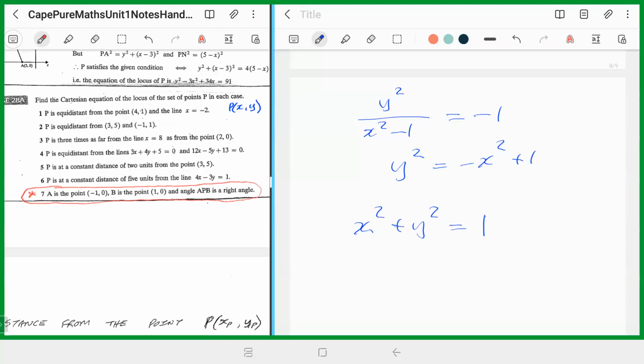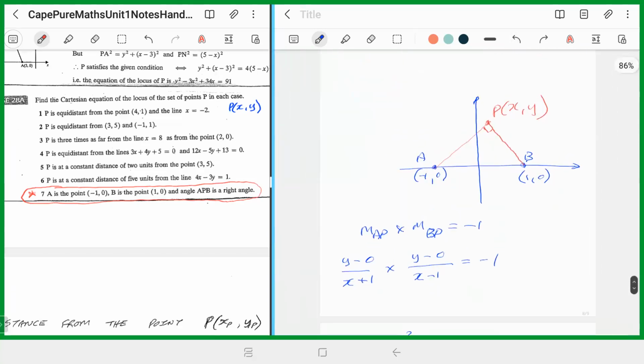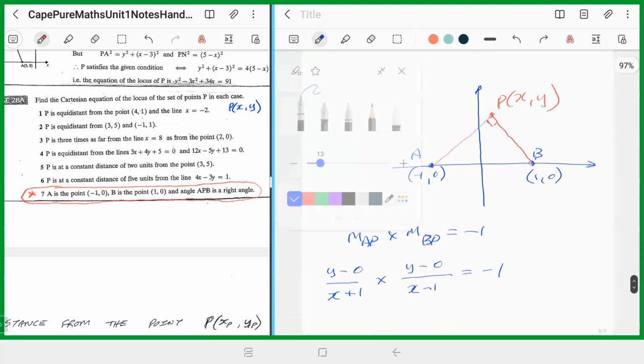See, that's a circle. It's a circle center at the origin and the radius of 1. That's what I said we would get. A circle like this, right, in purple. This and this distance is the same from this axis. You get a circle like that.